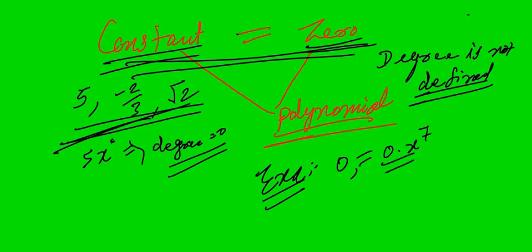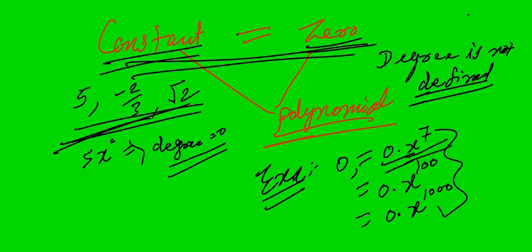This is also correct. Or 0 into x to the power 100, or x to the power 1000, 1 crore, 1 lakh, anything. We cannot decide the degree of the zero polynomial. It will be 7, 100, 1000, so many degrees we can write. So its degree cannot be determined.